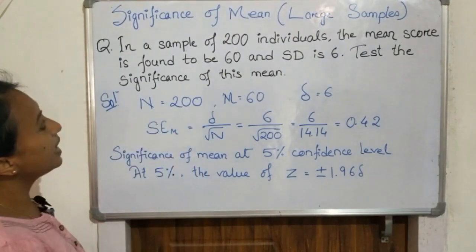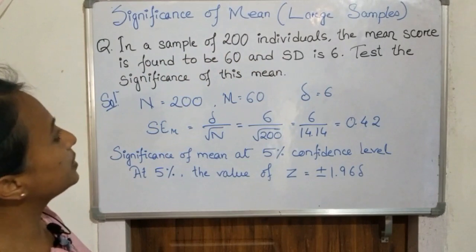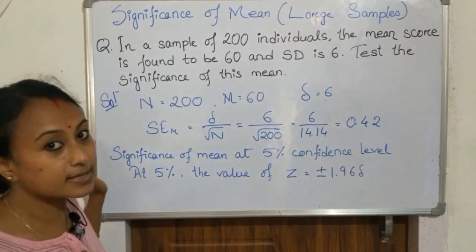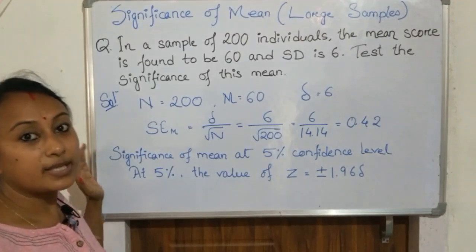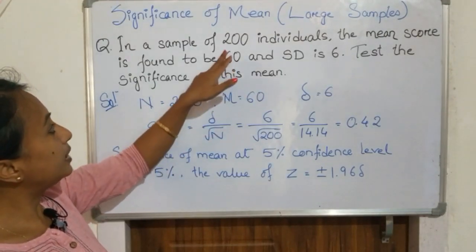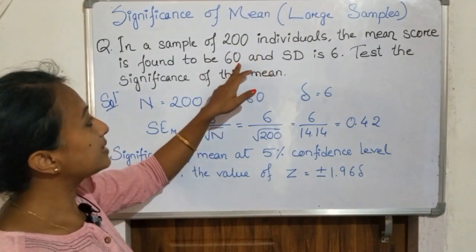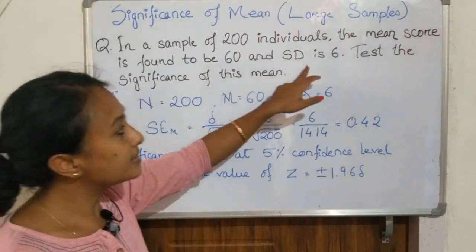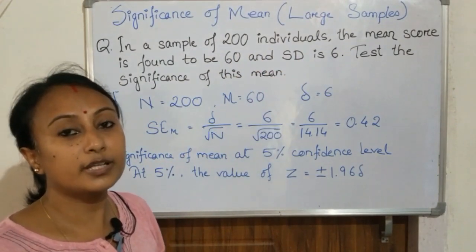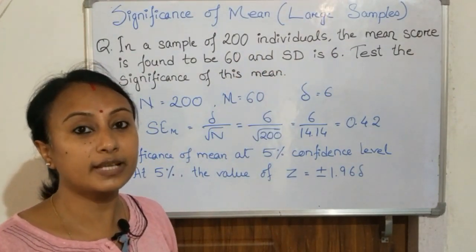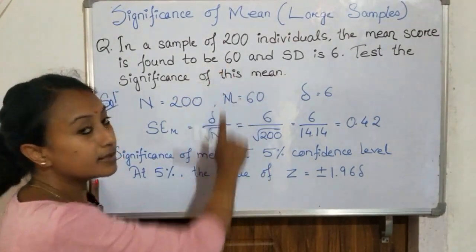The question is: in a sample of 200 individuals, the mean score is found to be 60 and SD is 6. Test the significance of this mean. It means the sample is of 200 units, the mean of that sample is 60 and SD is 6, and we have to find out the significance of this mean, that is 60.